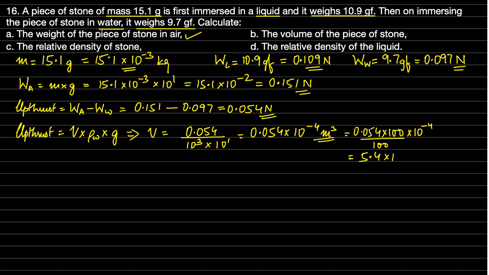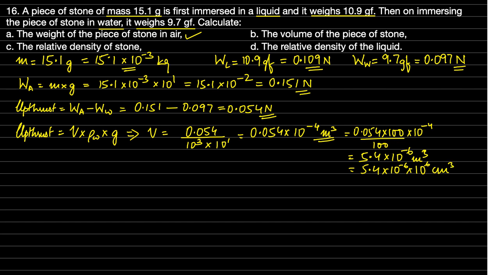Which can be written as, if we have to convert it to centimeter cube in order to get the textbook answer, 5.4 into 10 to the power of minus 6 into 10 to the power of plus 6 centimeter cube.